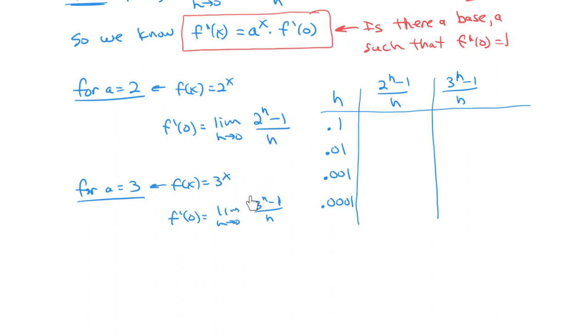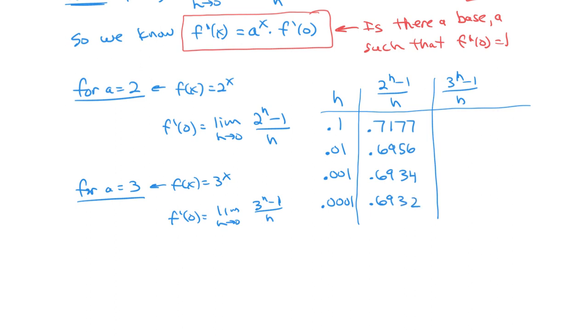And basically, we're really hoping that one of these looks like it's going to be 1. And if you plug these values in, it's easier to use a table, or you could just plug this in and see what you get. I'll save the time. This is just basic arithmetic on your calculator. So these values for when f of x equals 2 to the x, as you start plugging these in, it's just not really going to 1.